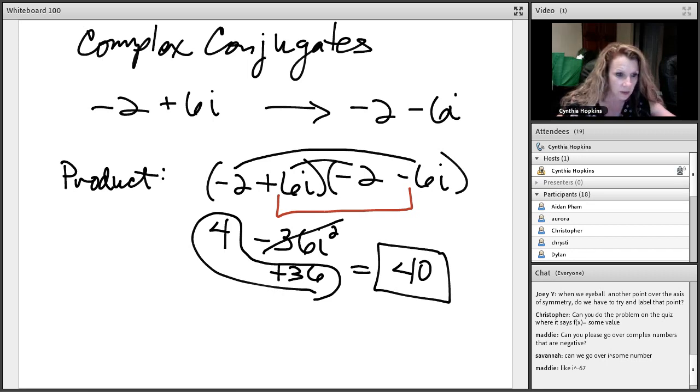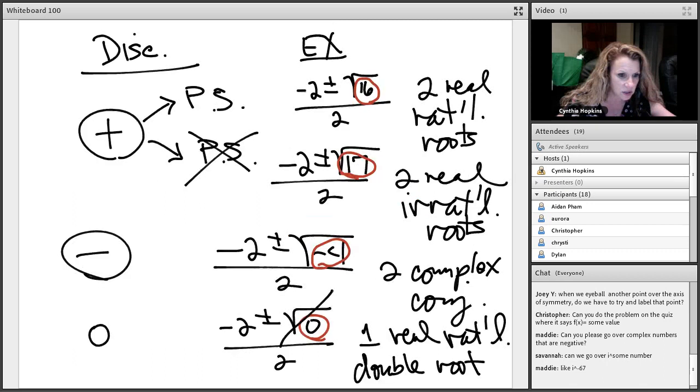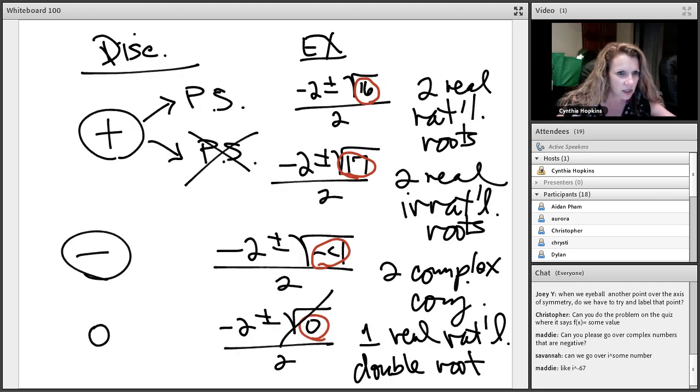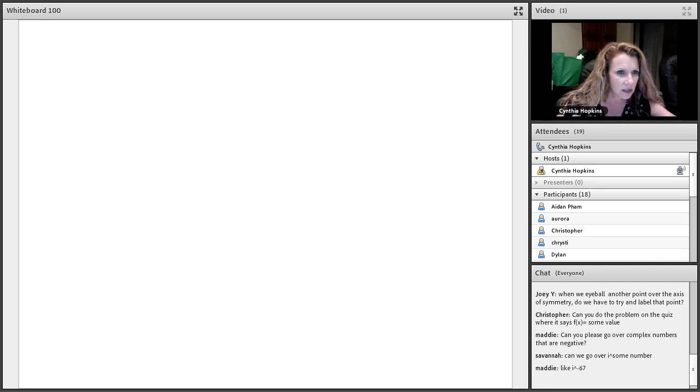Okay, let me change pages. Whoops, forgot I had gone back. Okay, page 9. Let me make sure. Page 8, it's writing. Page 9. Okay, so I'm picking y equals 2x squared minus 7x.